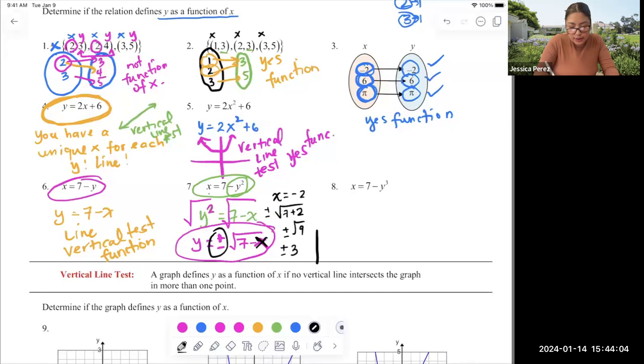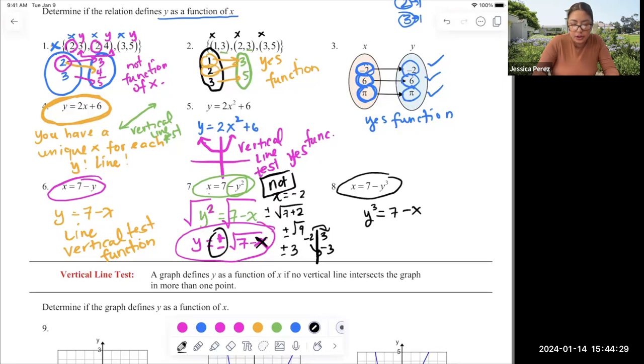So that's saying that -2 will give me the 3, but also a -3. So -2 can't go to -3 and to +3 at the same time. So this is not a function.